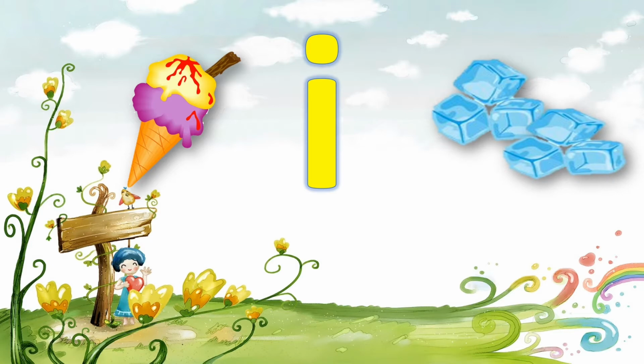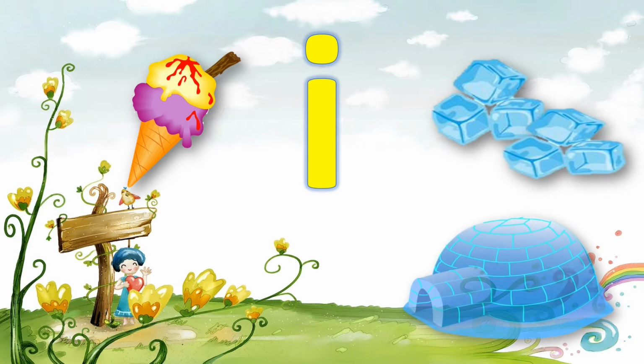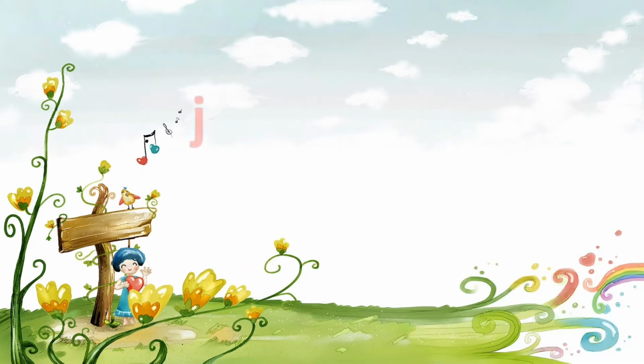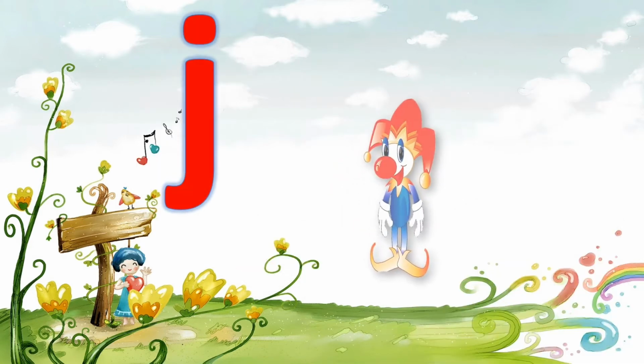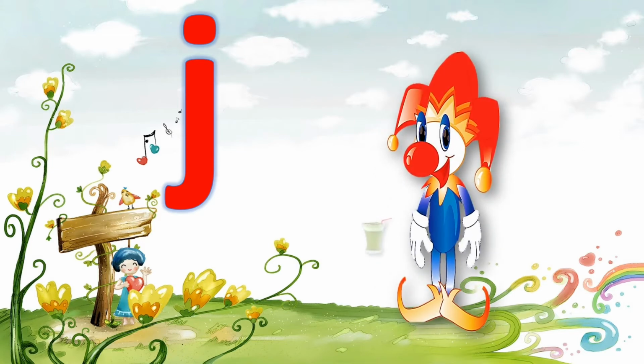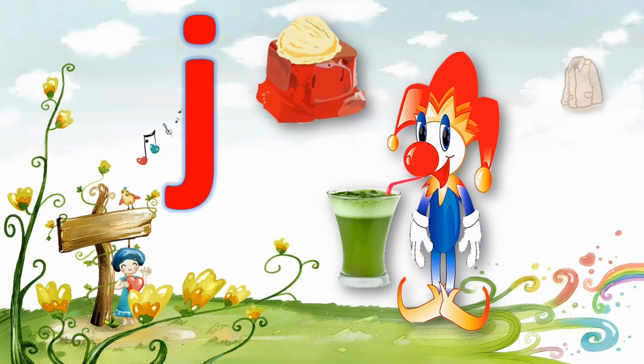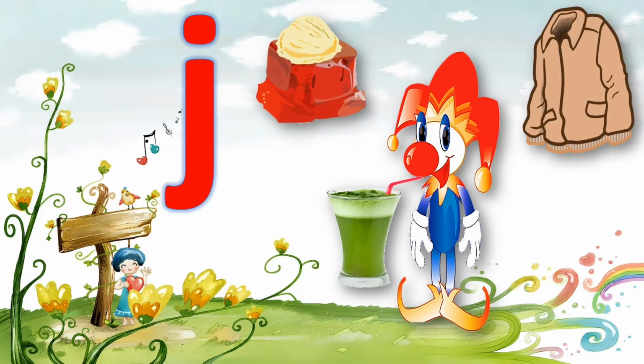I is for igloo. And I is for insect. J. J is for joker. J is for juice. J is for jelly. And J is for jacket.